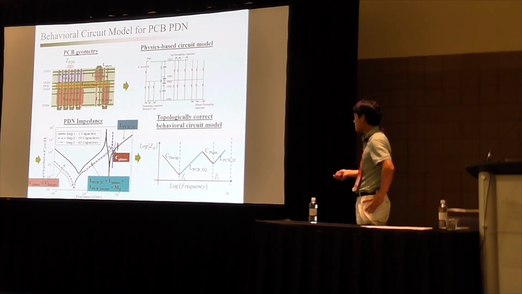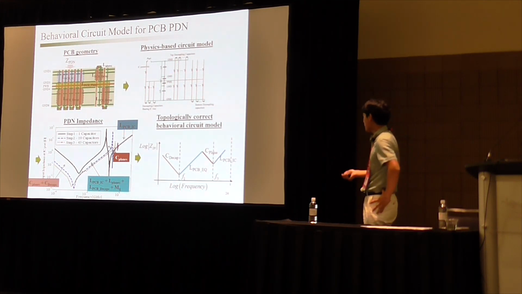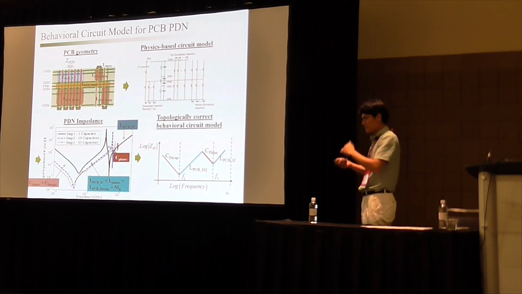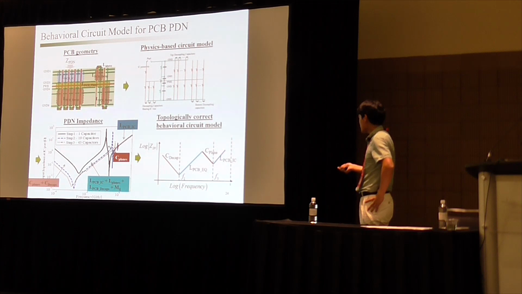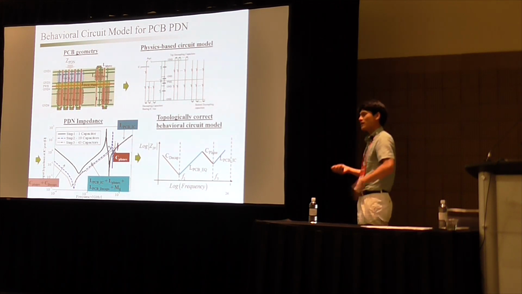So first, the C curve is from the decoupling capacitors, and then we see the effective inductance of this board design. And then we see the capacitance of the power ground plane, and then this inductance is between the power ground plane and the IC. So that is the most important inductance for the high frequency.